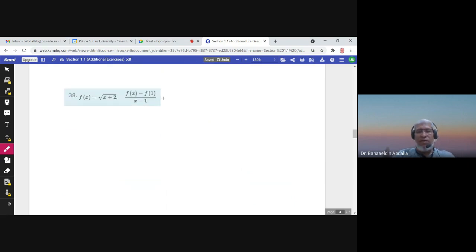Here f of x is square root of x plus 2. F of 1 is square root of 1 plus 2, which is 3, over x minus 1.